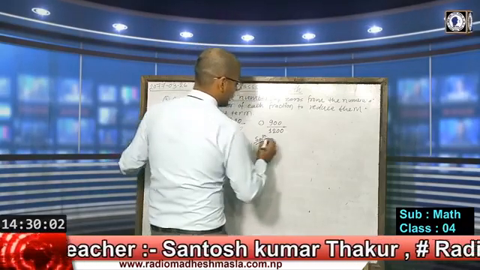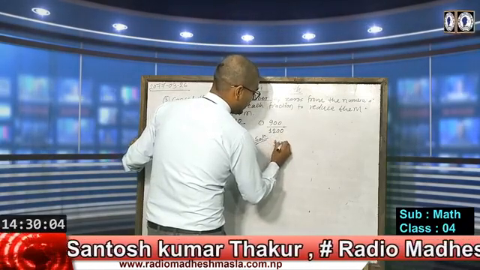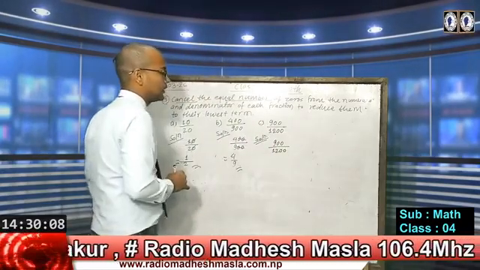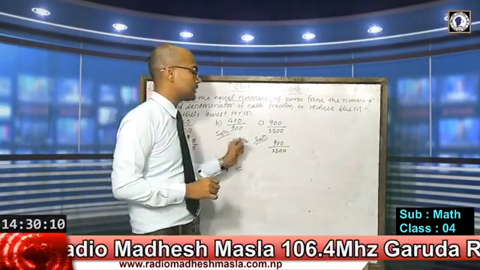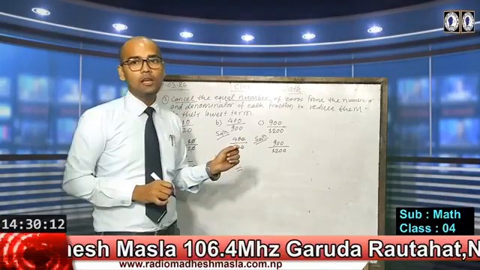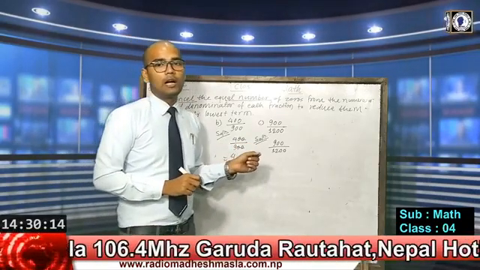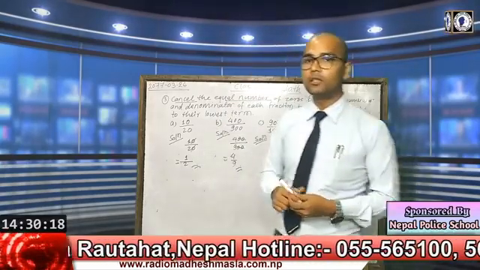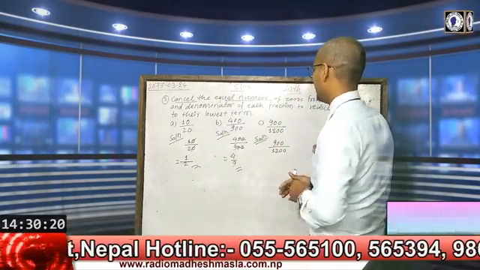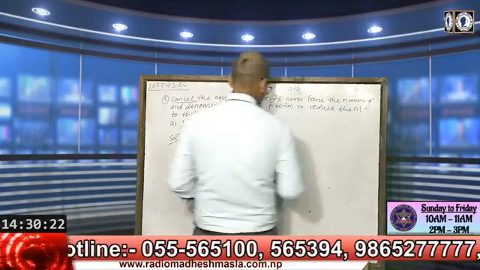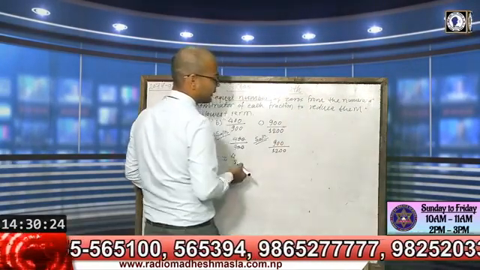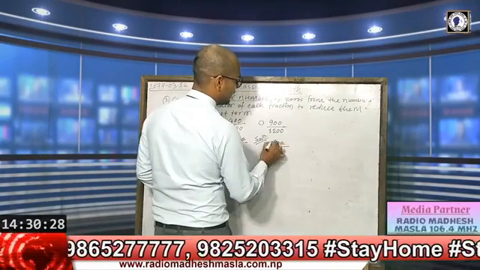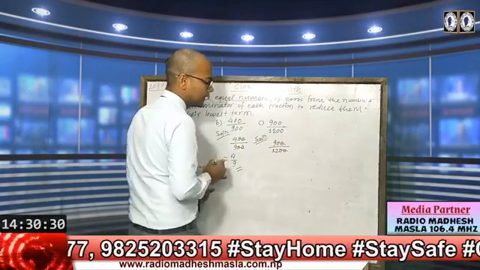While cancelling the zeros, we must count how many zeros are in the numerator and how many are in the denominator. There are 2 zeros in the numerator and also 2 zeros in the denominator. So we should cancel the equal number of zeros. Then we will get what?